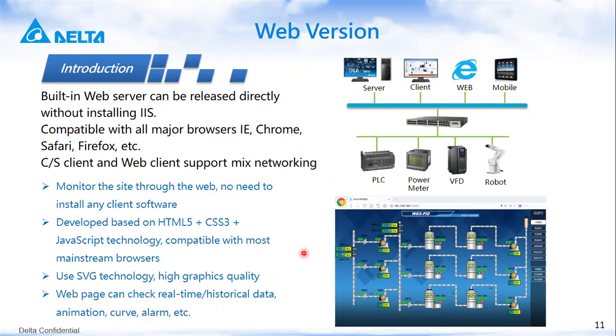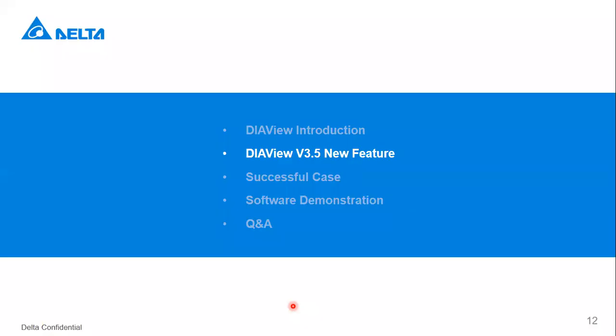I could say that the web version supports right now about 60 or 70% of the functions compared with the client and server version, because we're still developing some advanced components.